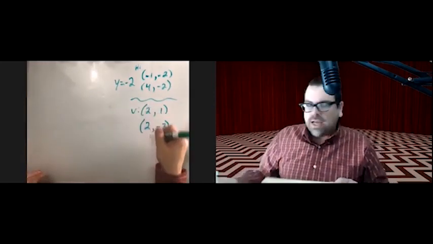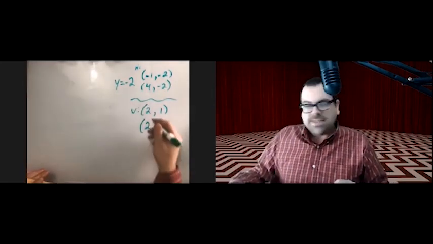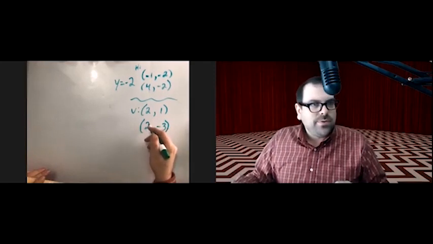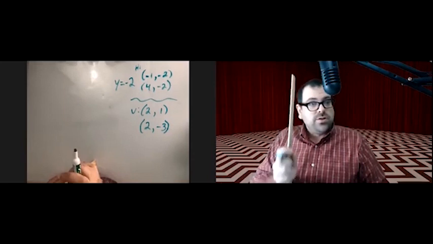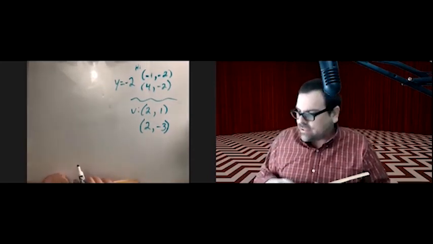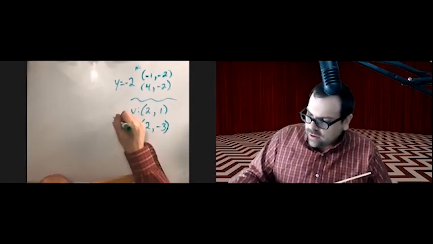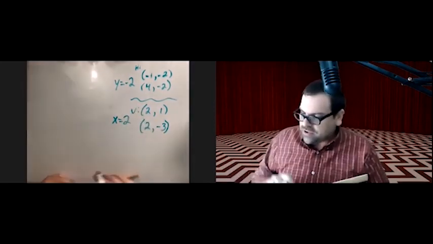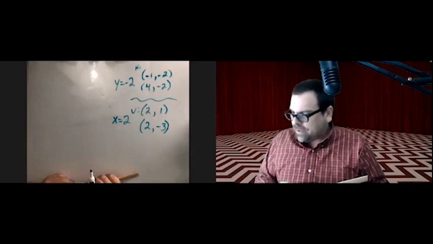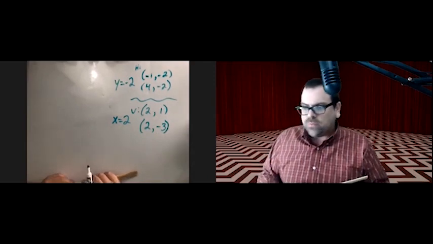The vertical line has the same x value, but that shouldn't surprise us because a vertical line strikes the x-axis and is therefore the x equals a number special line. X equals 2.